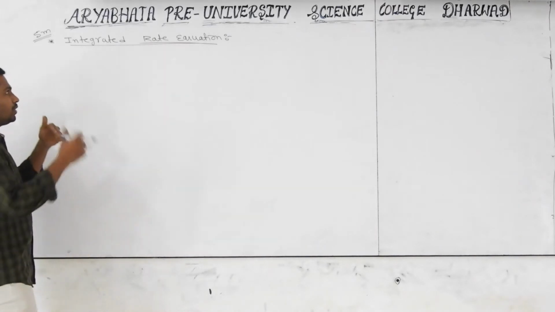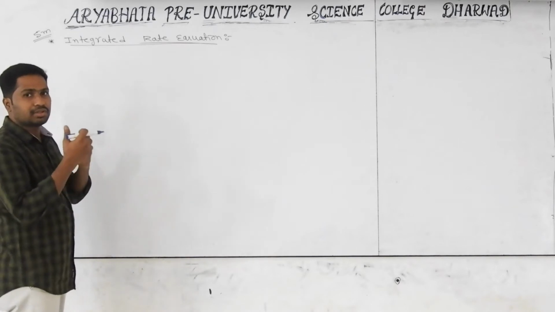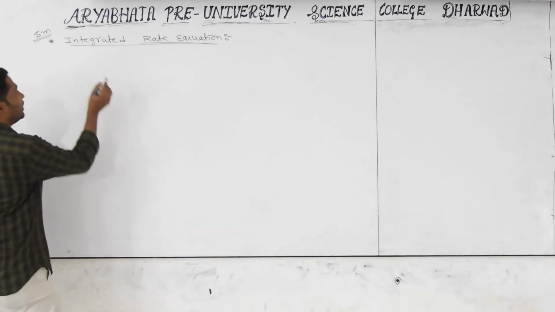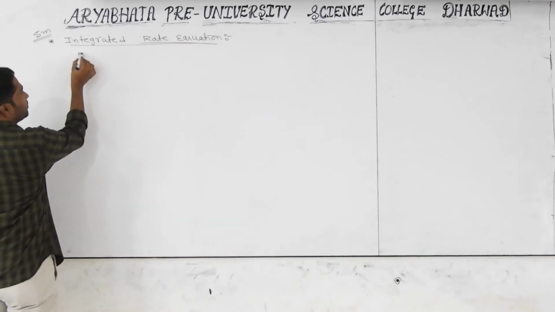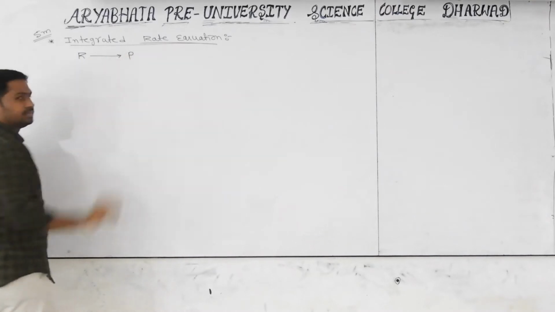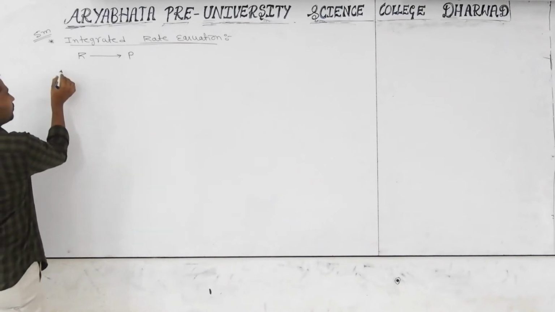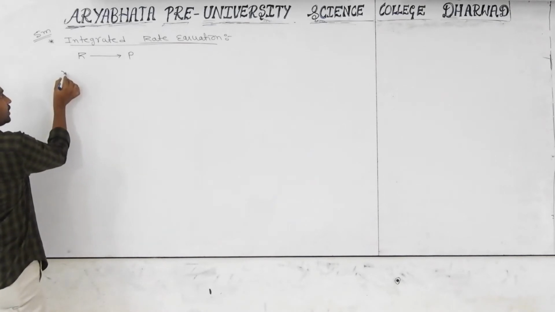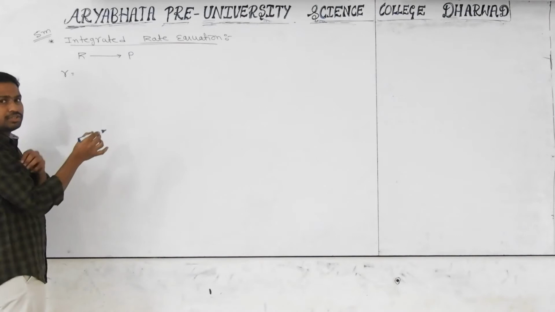First of all, what is the integrated rate equation? What is its usefulness? We will see first. I am taking a chemical reactant converting into products. First, we write the rate of reaction in terms of differentiation.